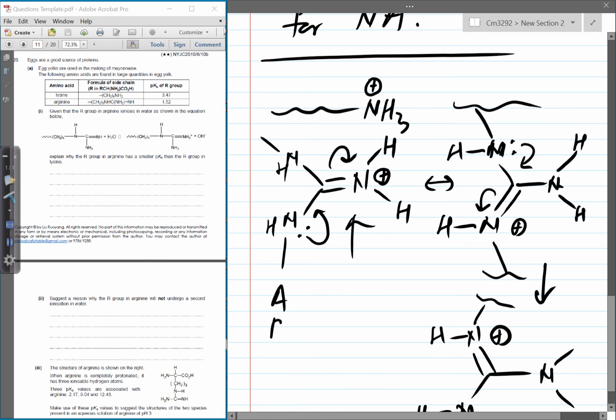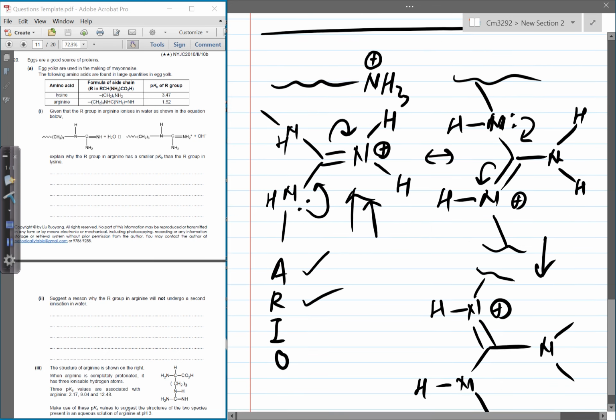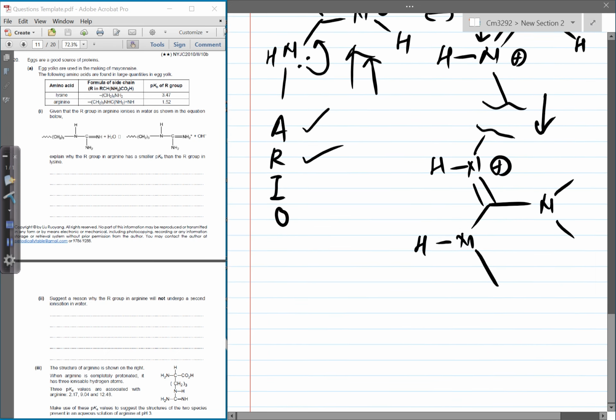Based on your ARIO rule, for both of these, the atom is the same. For resonance, only this can have resonance, but for this, there's no resonance. So obviously this will win out, and therefore it's more stable, therefore more basic.